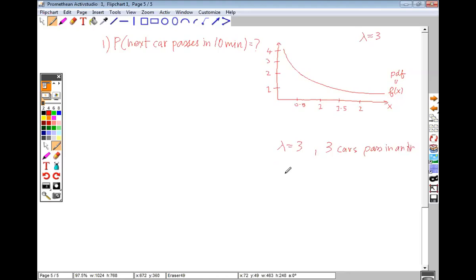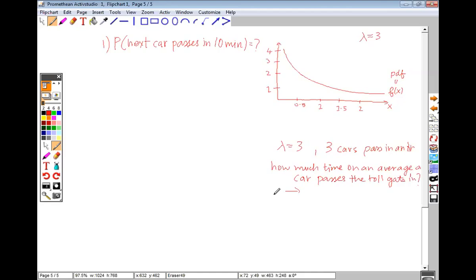So my question now is, how much time on an average does it take for a car to pass the toll gate? Anyone?